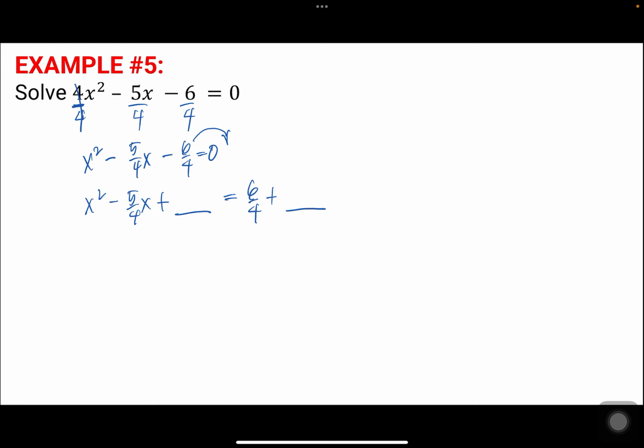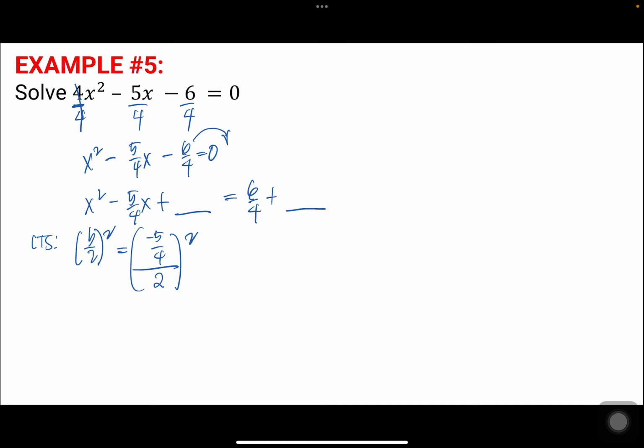So, completing the square, CTS. So, b over 2 squared. So, ang magiging b natin ay negative 5 over 4 divided by 2 squared. So, if you can recall, yung kanina nating ginagawa, no, sa fraction. So, if hindi nyo pa po napapanood yung first video, kindly watch it first.